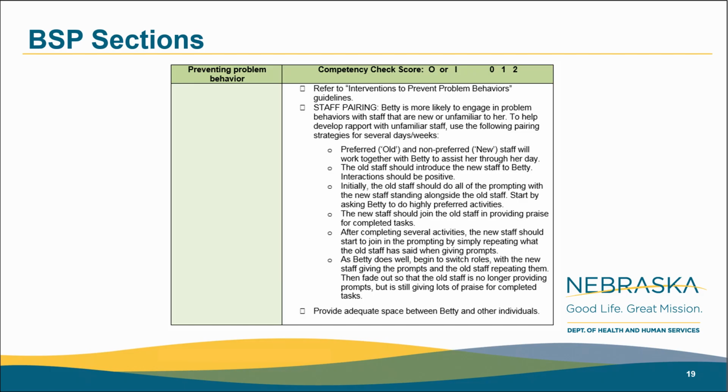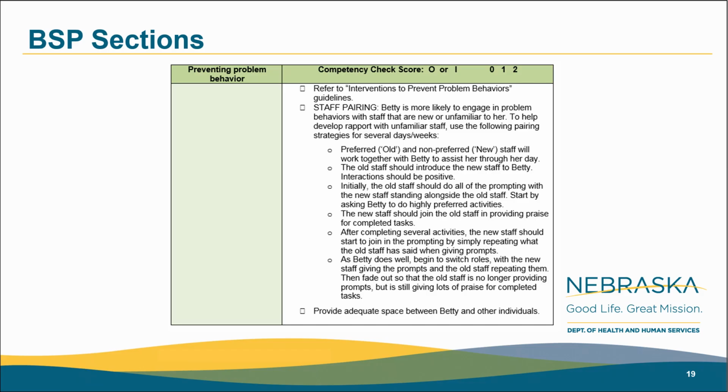For example, remember that Betty does not like unfamiliar staff. Therefore, in our example BSP, we have included specific information for how familiar staff and new unfamiliar staff can interact together with Betty to help her to get to know and be comfortable with new staff. Also, remember that Betty does not like to have other people in her personal space.